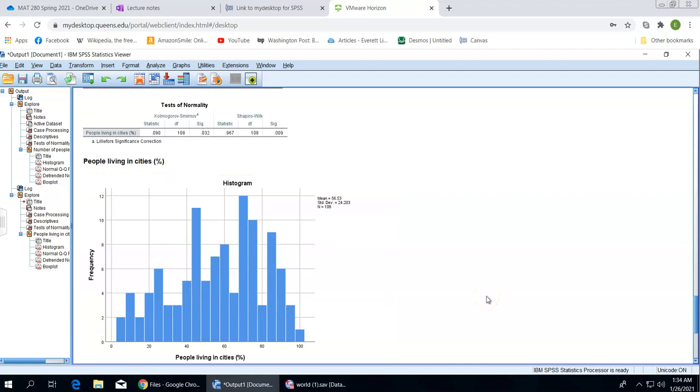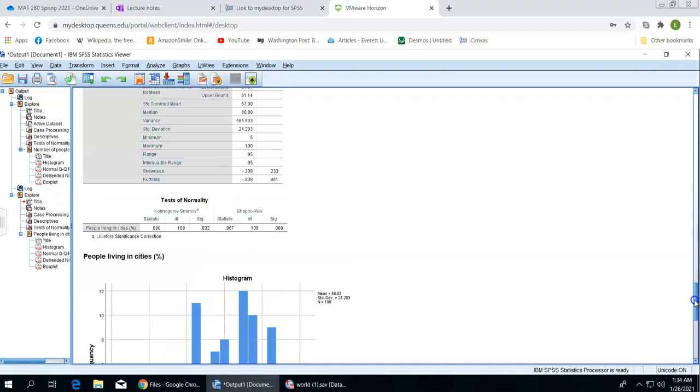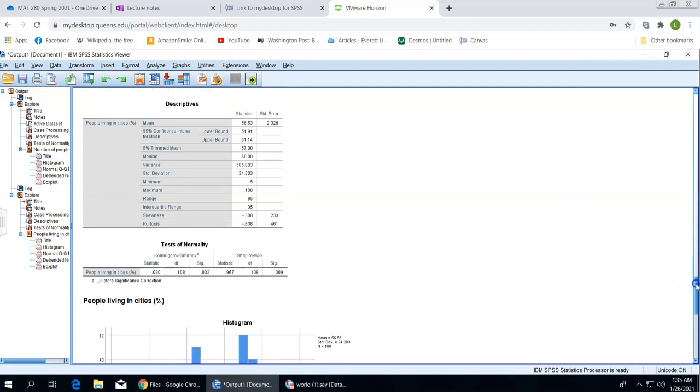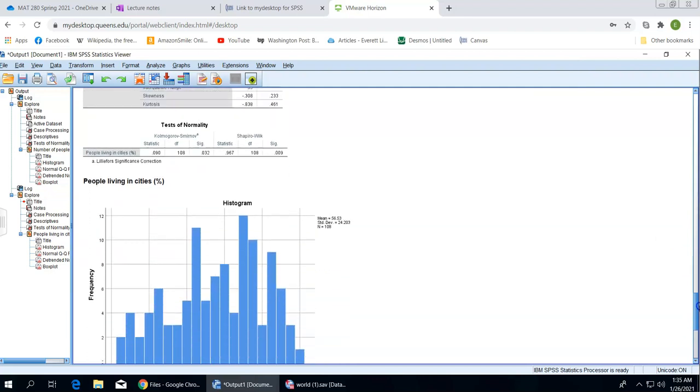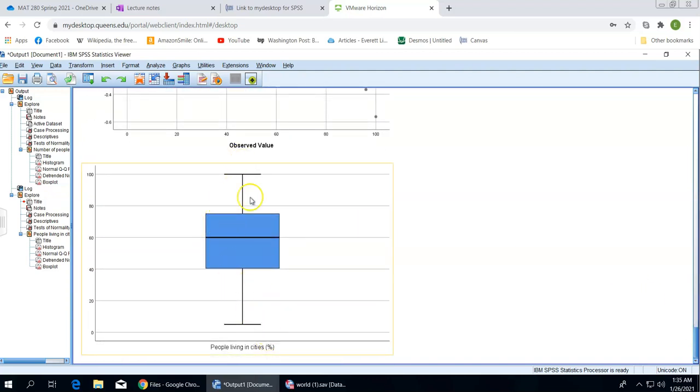But overall, it doesn't look like it's too far from normal or too far from symmetric. The skewness is negative 0.308, and the kurtosis is negative 0.838, both of which are within the negative 1 to 1 range, indicating approximately normal. If we look at the box plot, we don't see any outliers.